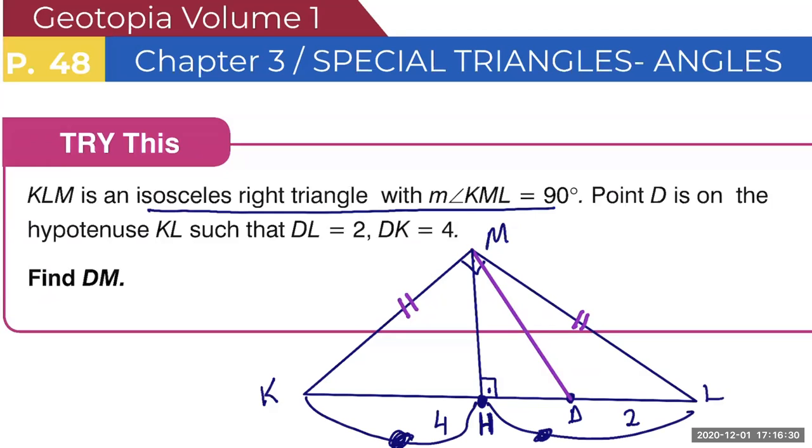Because the whole length KL is 6, that means it'd be 3 and 3, which means that HD is 1. Great. Then I can see that this is also the same, right?